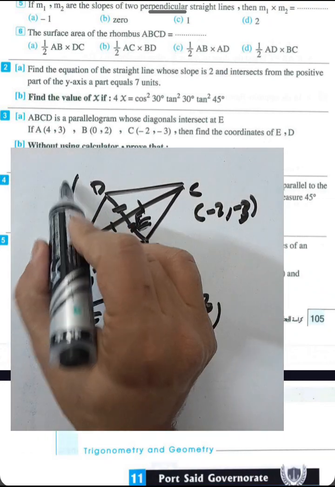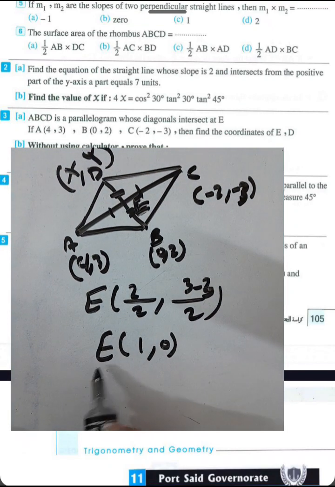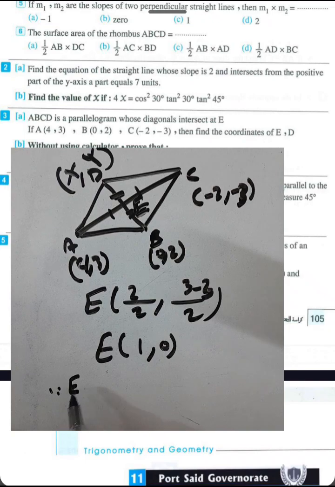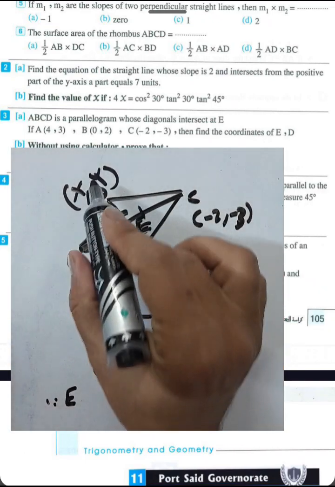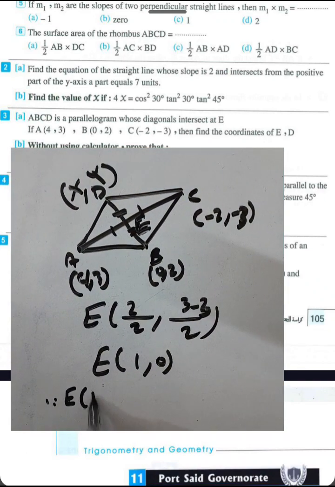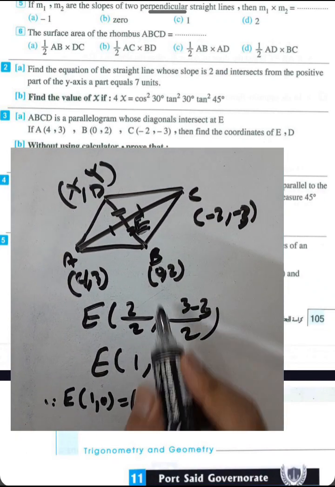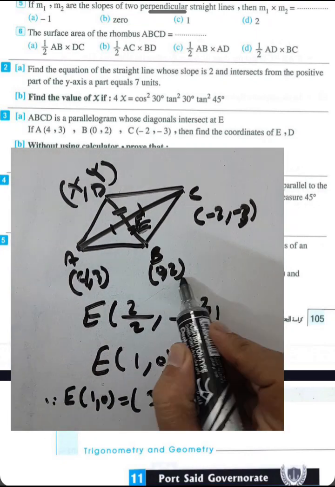Then I will put (x, y) as the coordinates of point D, starting with E lying in the middle of BD because BD is a diagonal, and the diagonals bisect each other at point E. Then (1, 0) equals (0 plus x divided by 2, 2 plus y divided by 2).